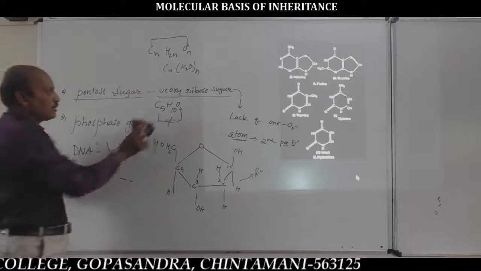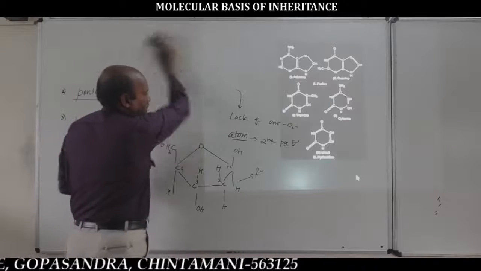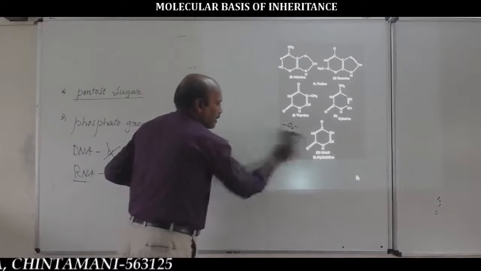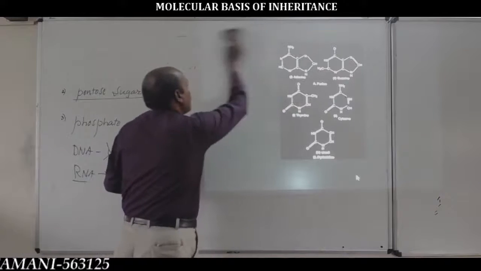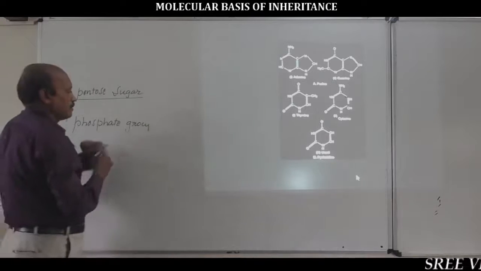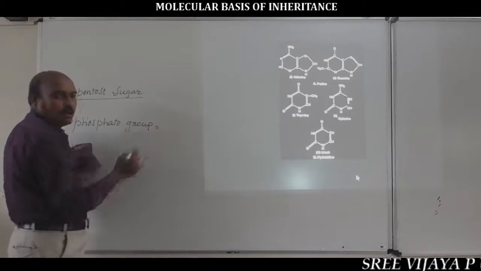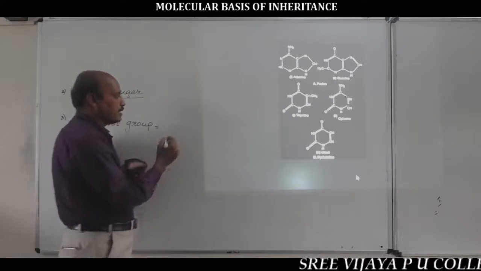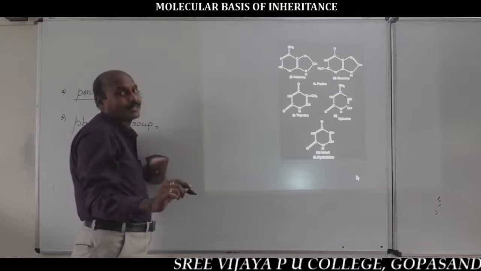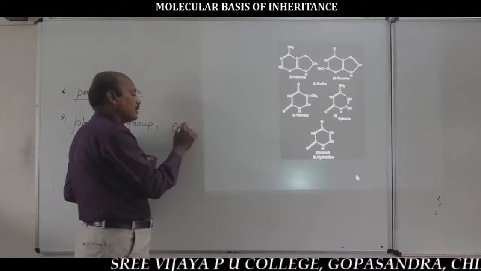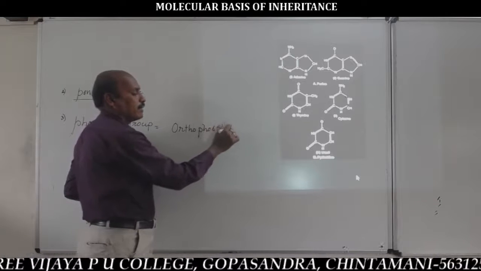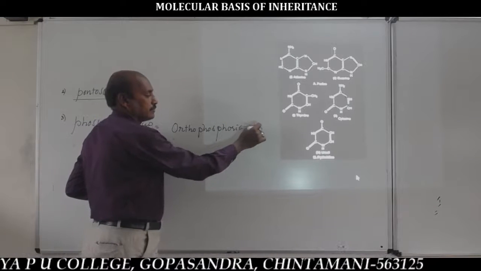Then, next to the pentose sugar, the last type of organic compound in DNA is the phosphate group. The phosphate group present in DNA or RNA, generally in nucleic acids, is orthophosphoric acid.